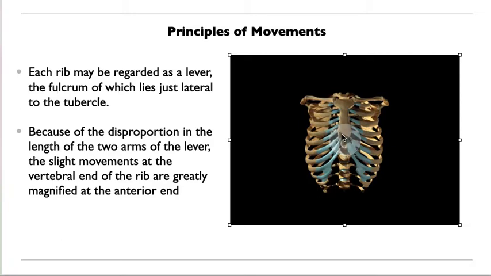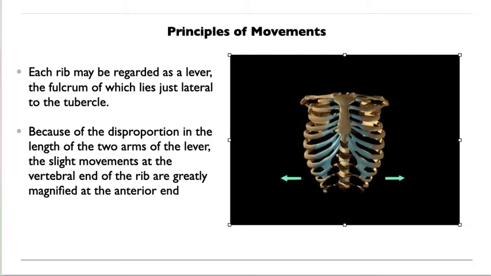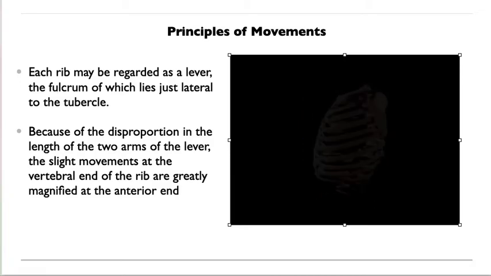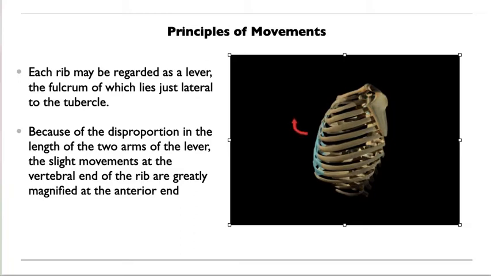Principles of movement. Each rib can be regarded as a lever, the fulcrum of which lies just lateral to the tubercle.